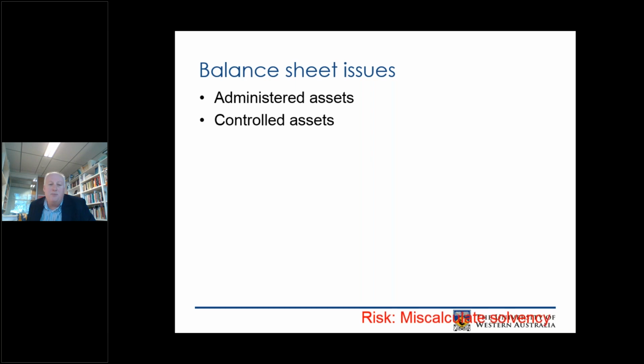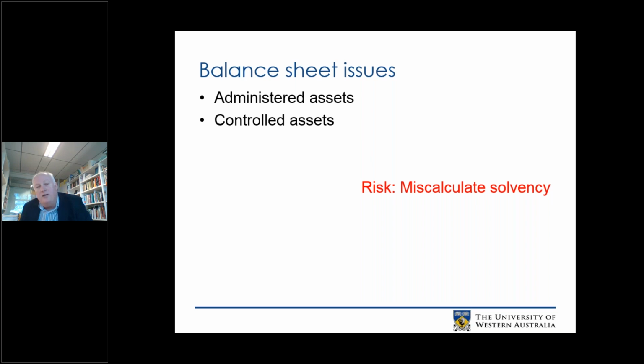You need to be able to separate these two conceptions because if you don't, you might miscalculate what your assets contribute to solvency. Obviously, if a philanthropist provides you with a motor vehicle and you're not entitled to sell that motor vehicle, you must hand it on to another provider. In the case that you don't undertake those activities anymore, then you can't use that motor vehicle's cash value to help you with your solvency. You might also misuse assets if you don't understand that those assets are administered.